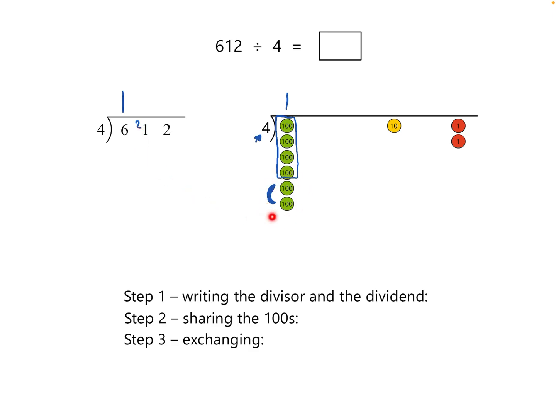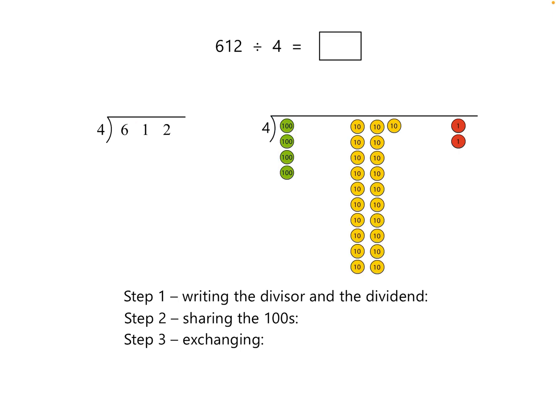That's this 2 over here, the 2 that didn't fit in the group of 4. So I am going to have to exchange those for 20 tens, because 20 tens is 200. 20 times 10 is 200.